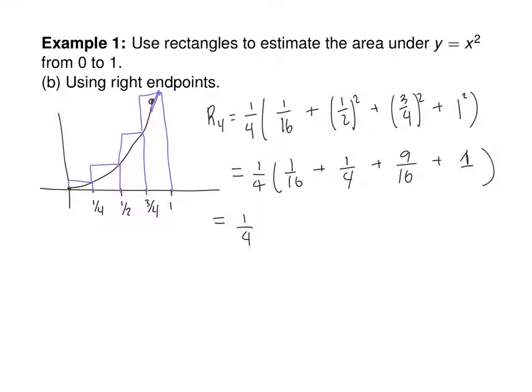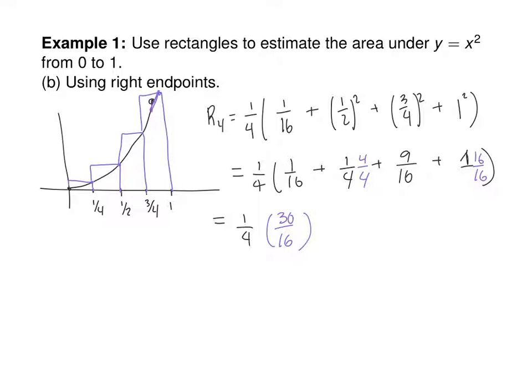Common denominator, right? 4/4 and 16/16. 14. Does 30/16 seem correct? I think that's right. Because you've got a 16th, 4/16, 9/16.